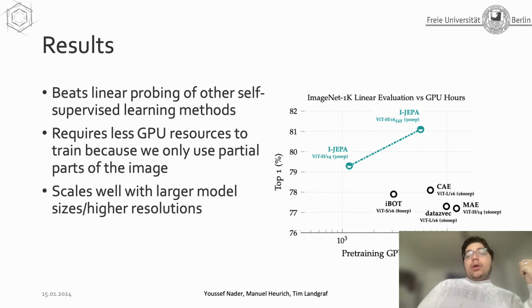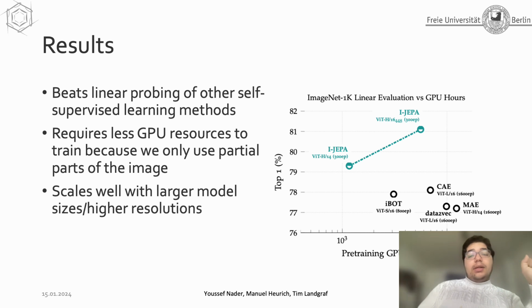Because the targets are much smaller and the context is also only part of the image, we require much less GPU compute to train, since we're only using partial parts of the image. We're not feeding the entire image or producing representations for the entire image.